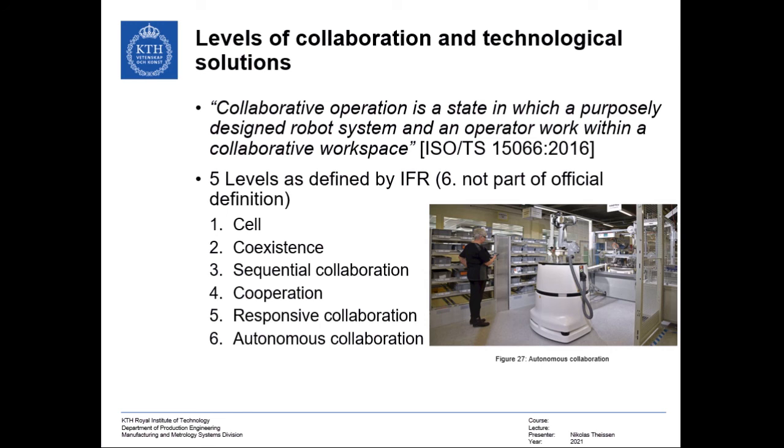The protective separation distance can be calculated in accordance to ISO 10218-2 and usually depends on the operator's change in location, the robot's change in location, the robot stopping distance, and also the position uncertainty of both the robot and the operator, as well as the intrusion distance that a part of the body can move towards the hazard zone prior to the action of the safeguard system.